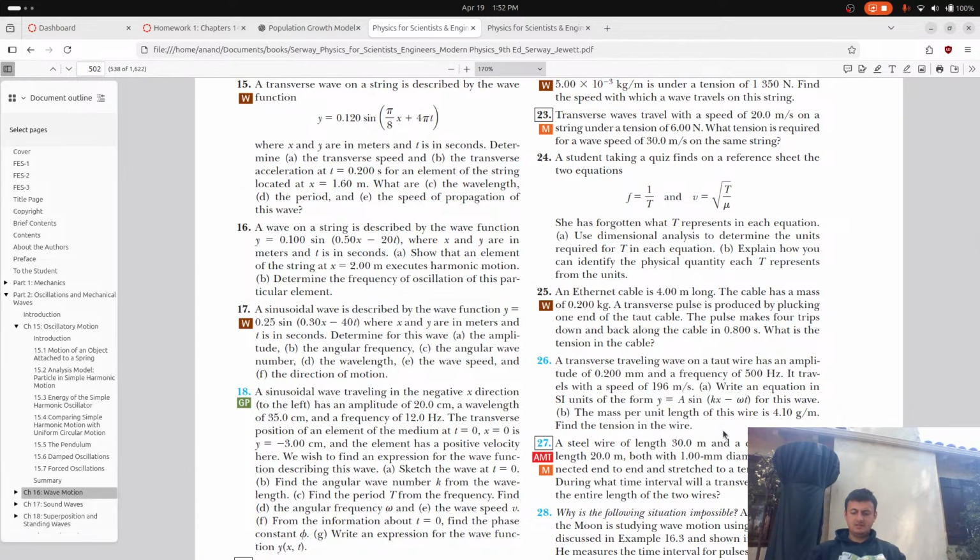Because the wave speed is equal to the square root of the tension over the linear density.